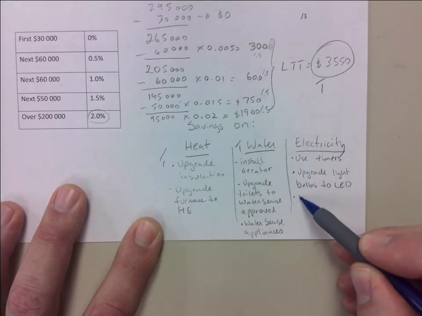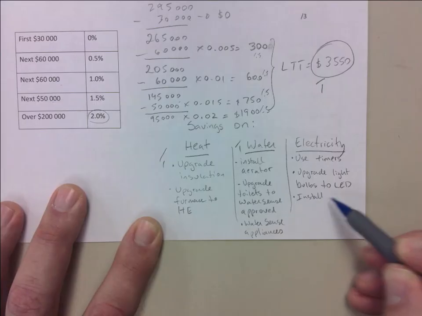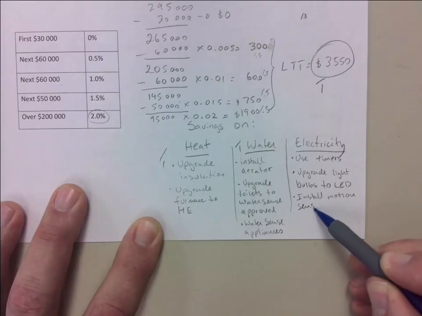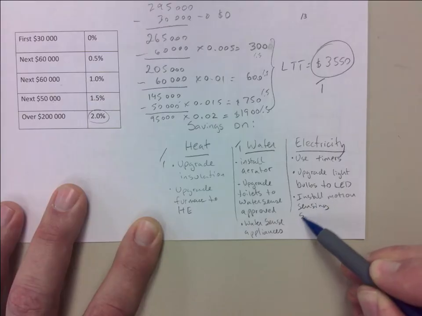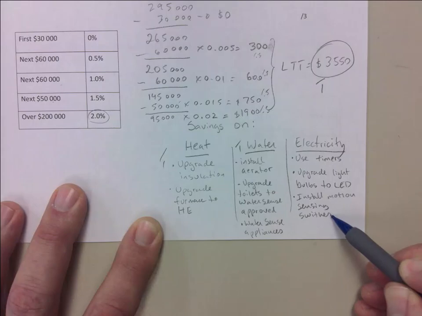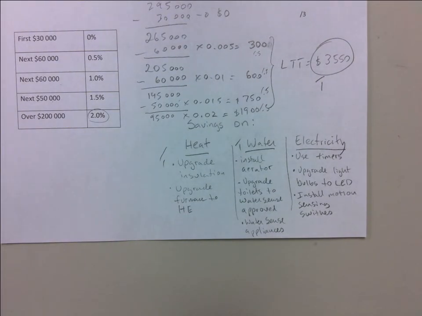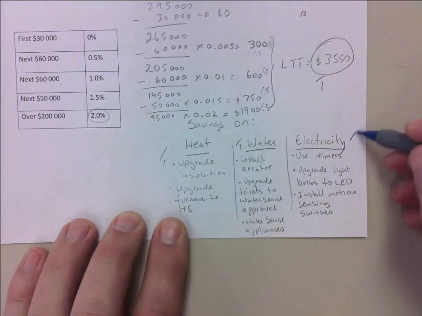You can say install motion sensing switches and any appliances, upgrade appliances to energy efficient, also high efficiency or Energy Star approved. Anything like that specifically will get you the mark there.